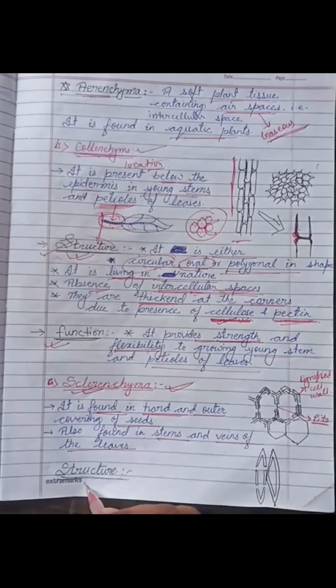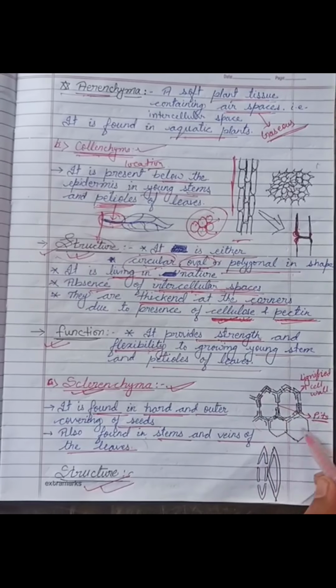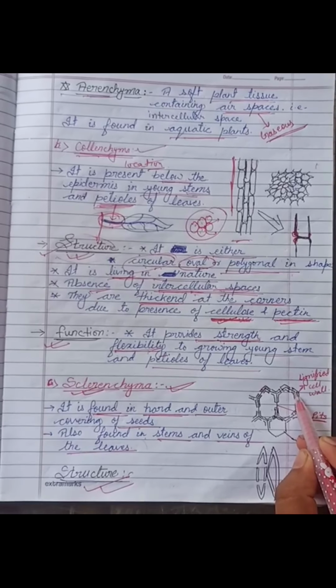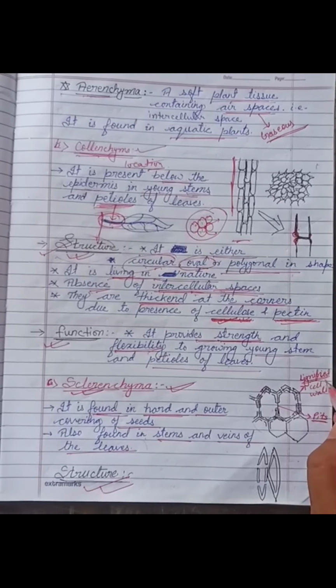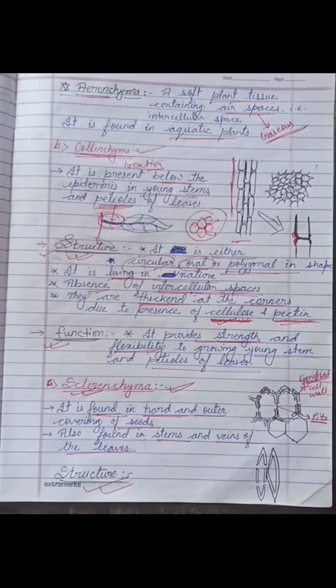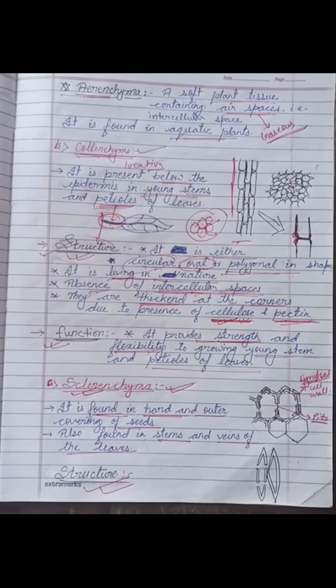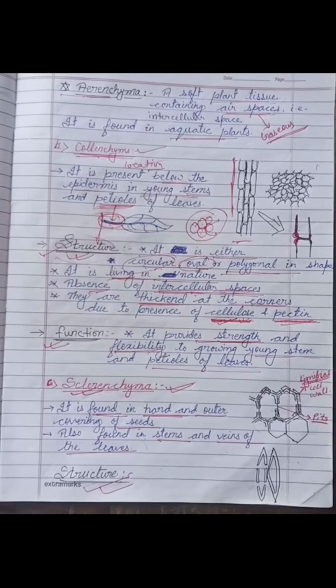Now, about the structure of sclerenchyma, look at this diagram here. It is a lignified structure. Lignin is present in the cell wall of sclerenchyma. Is it clear? Is it okay? Now, you have to remember three points related to the cell wall of parenchyma, collenchyma, and sclerenchyma.